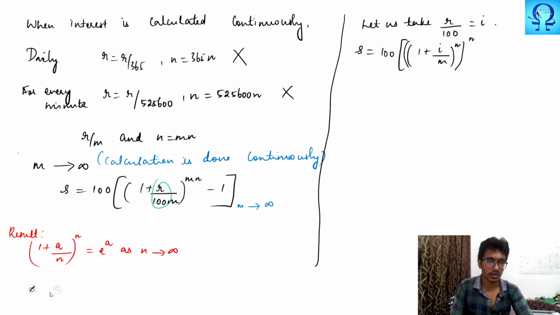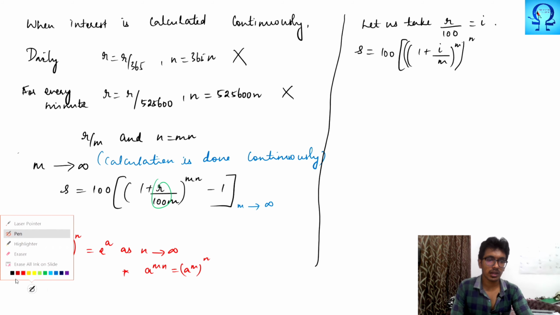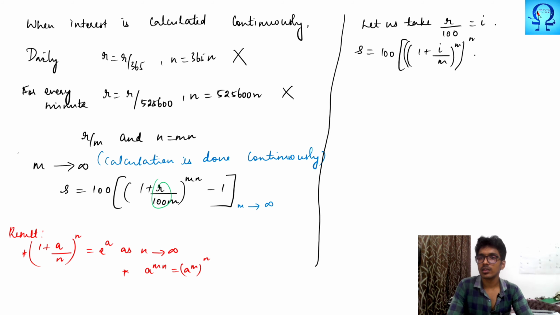This we may write because here we are making use of another result, that a power mn can be written as (a power m) whole power n. So we shall write like this as well. These are the two results that we make use of here to derive the requirements. And then this one minus 1, this is what we have.